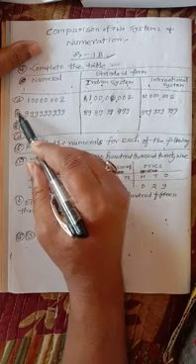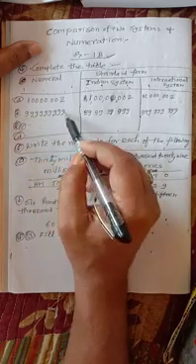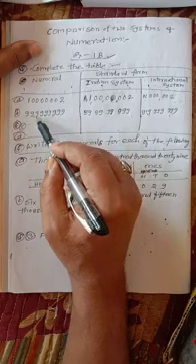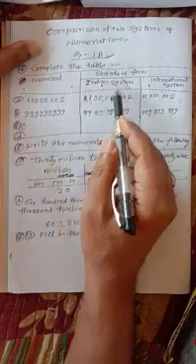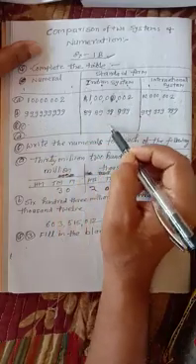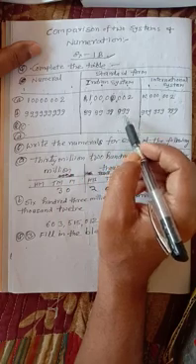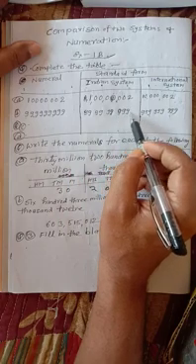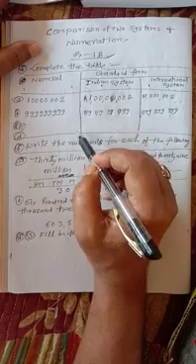Similarly, in question number B, there are nine 9s: 1, 2, 3, 4, 5, 6, 7, 8, 9. In the Indian system, we group in 3 from the right, 3 nines in one group, and then 2 nines, and 2 nines.